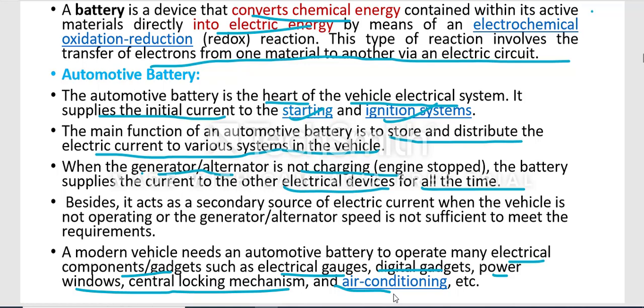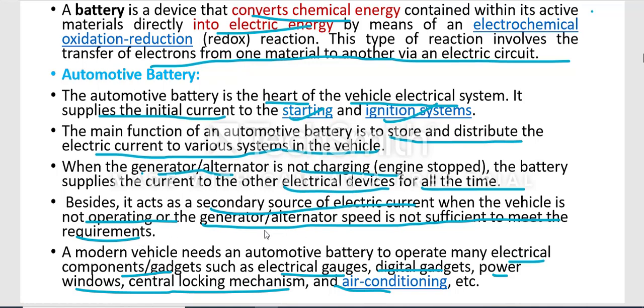To run these accessories we require a current, and this necessity of current is fulfilled by the battery. Okay, so this is the main function of the battery, to supply the current. Okay, along with that it acts as a secondary source of electric current when the vehicle is not operating or running, or the generator speed is not sufficient to meet the requirements.